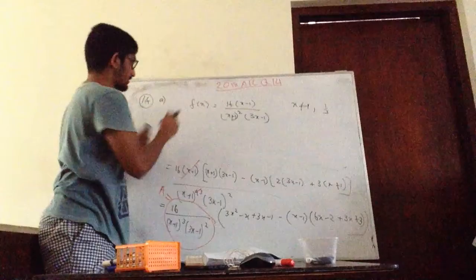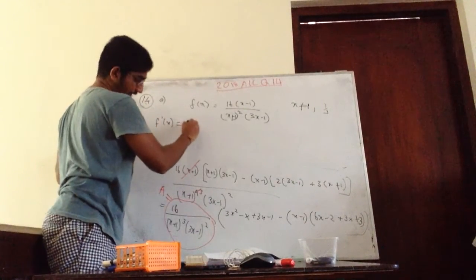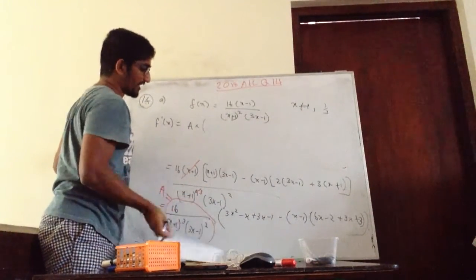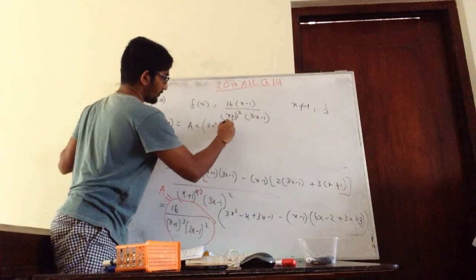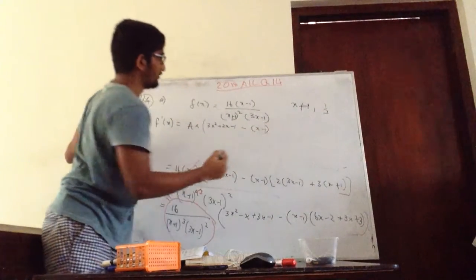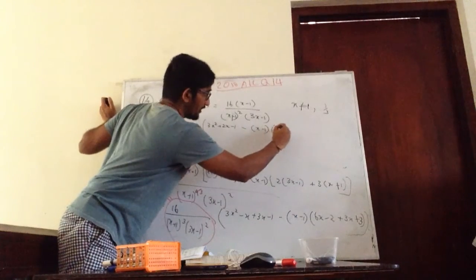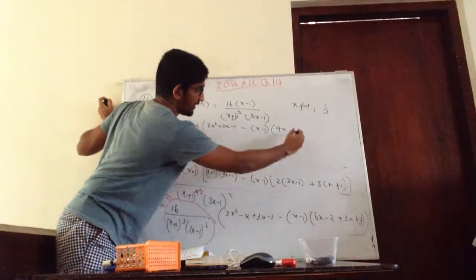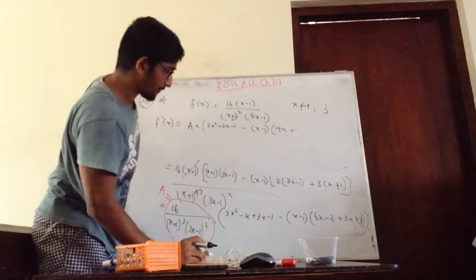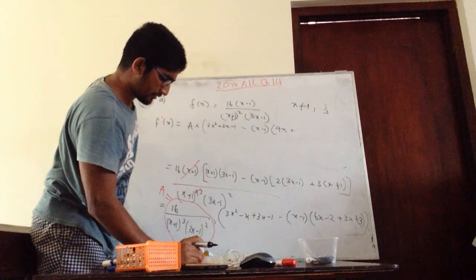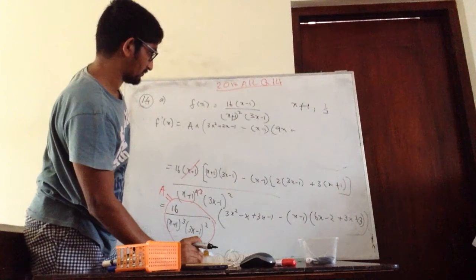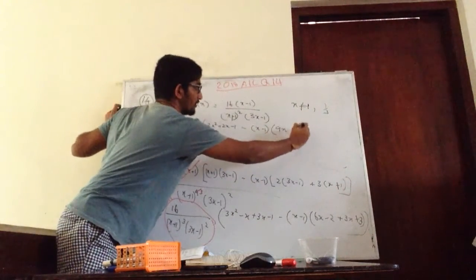So f'(x) will be A times (3x² + 2x − 1 + 2x − 1 − (x − 1)), this will be 9x + 1.